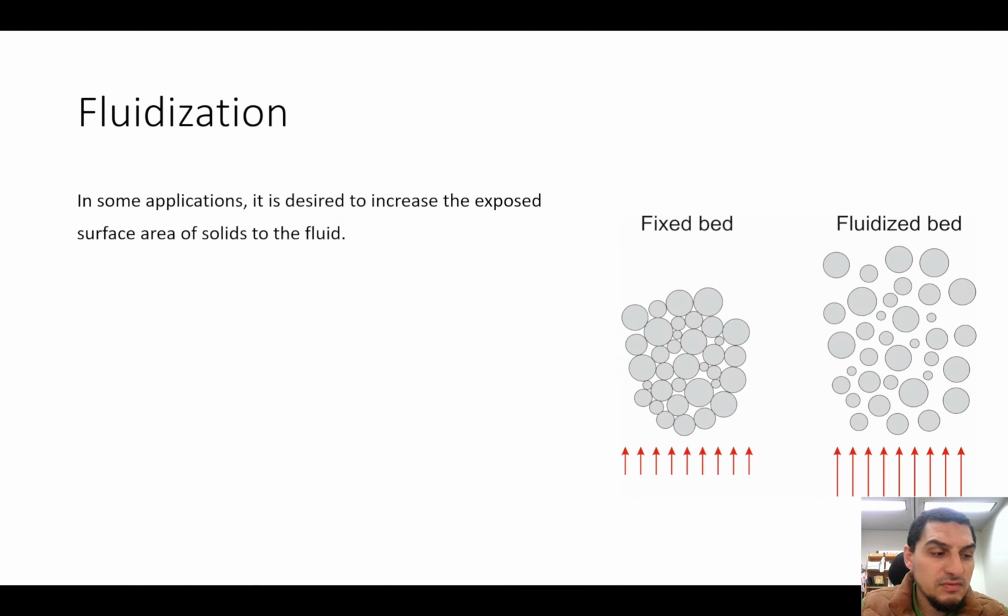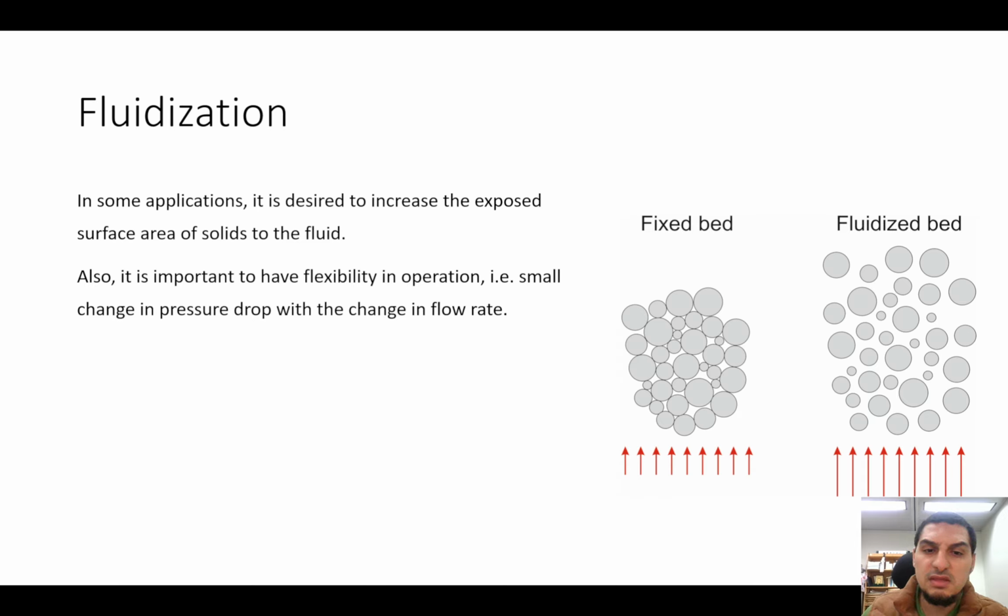If the velocity changes because the feed is coming from another unit with a specific velocity, and then something happened and the velocity changed, then if the velocity increases, the pressure drop through this bed will increase, and the increase is high. This will lead to issues in the operation, and it might ruin the whole process.